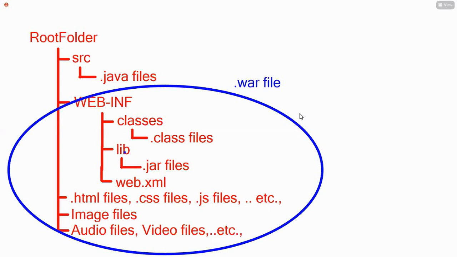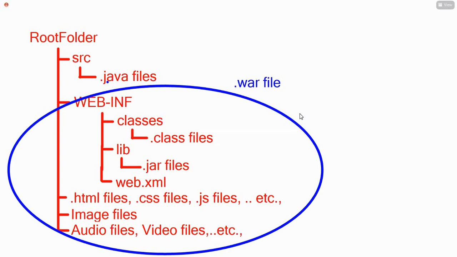These classes and lib folders must be in the WEB-INF folder. If you place them in another location, it doesn't work. It is compulsory. Web.xml should be in the WEB-INF folder. And these files should be in the root folder: HTML, CSS, JavaScript, image, audio, video, all in the root folder. And later, this is how to make a bundle.